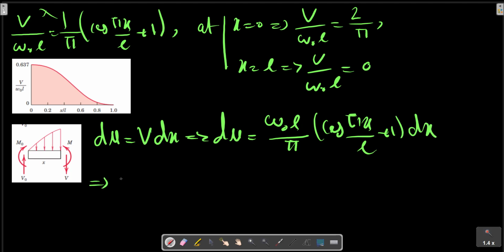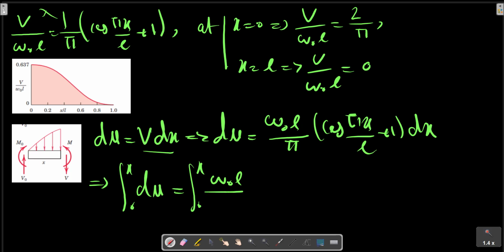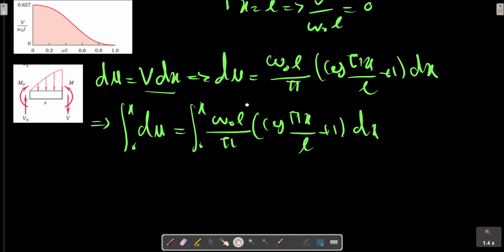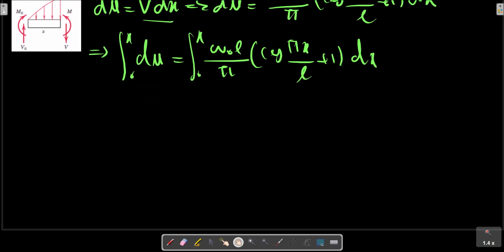The integral of dM from 0 to x equals the integral from 0 to x of V dx. We can obtain this relation.